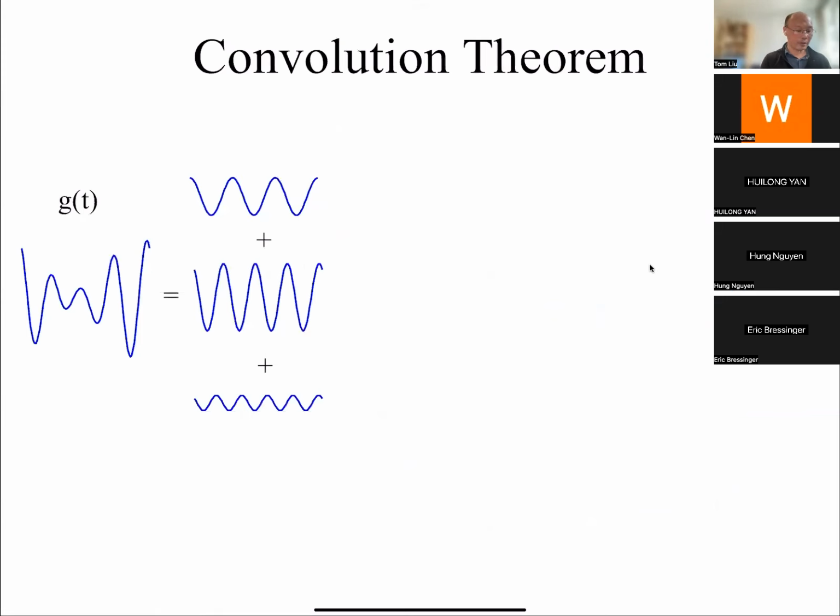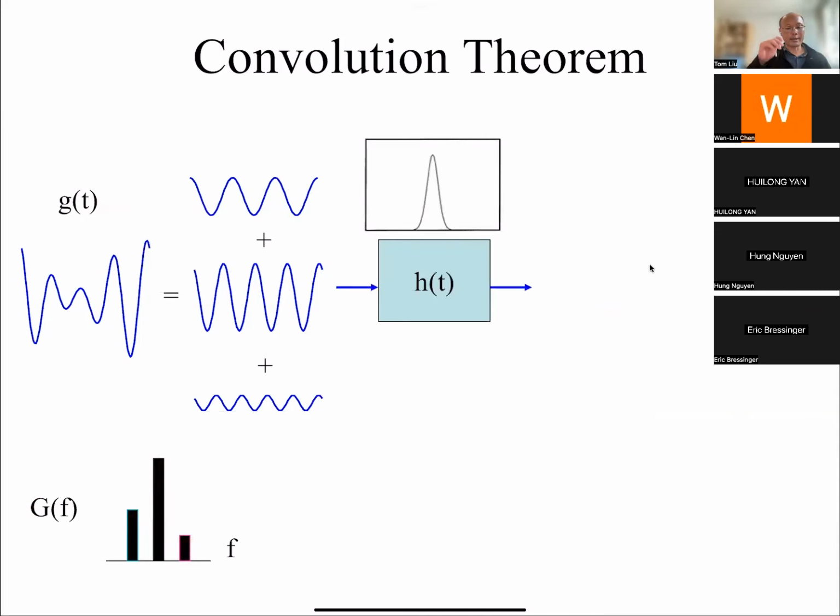Remember, we can take any function like this and decompose it into different Fourier components, right? Different sines and cosines. And we notice that, for example, the Fourier transform of this is just the amplitude of each of those frequencies, right? So we can have some Fourier transform like this. And then we pass g of t through some system which has an impulse response h of t, okay?